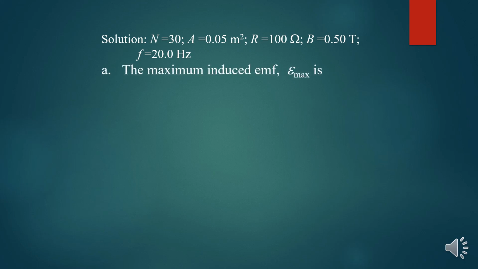For maximum induced EMF, the formula is N B A omega. The original formula for induced EMF is induced EMF equal to N B A omega sine theta.